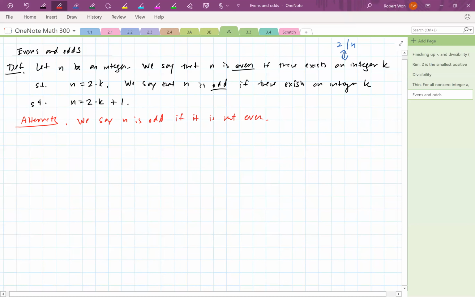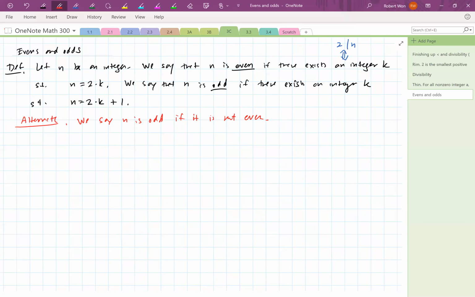And there are benefits and drawbacks to each of these definitions. So what is a drawback to our current definition, where n is even if it's 2 times k, n is odd if it's 2 times k plus 1? Well, one thing about our current definition is that from this definition, we do not know that every integer is even or odd, but not both.